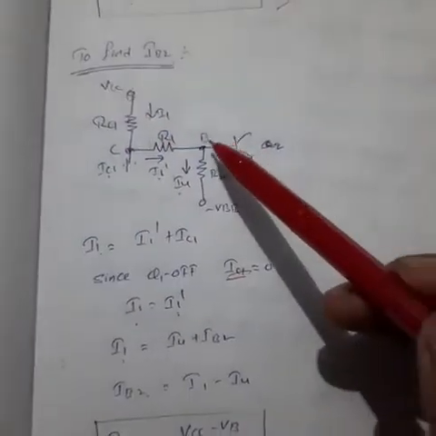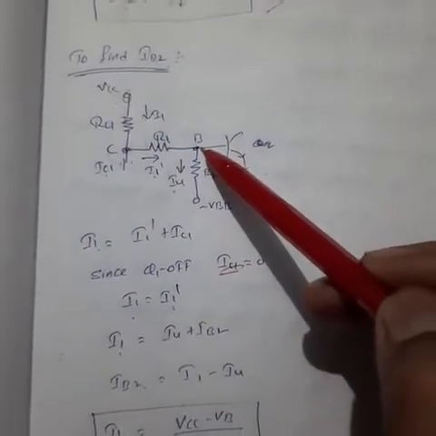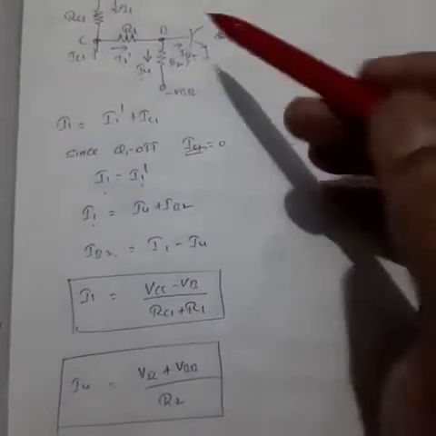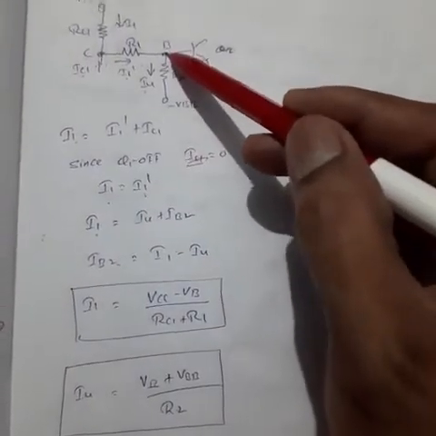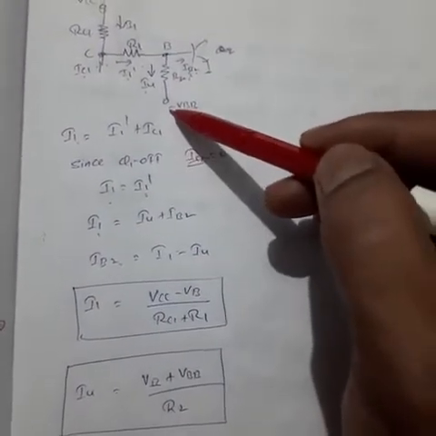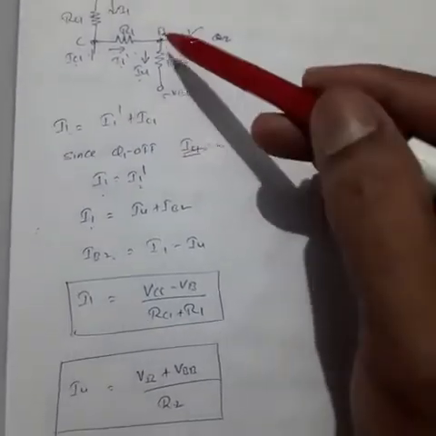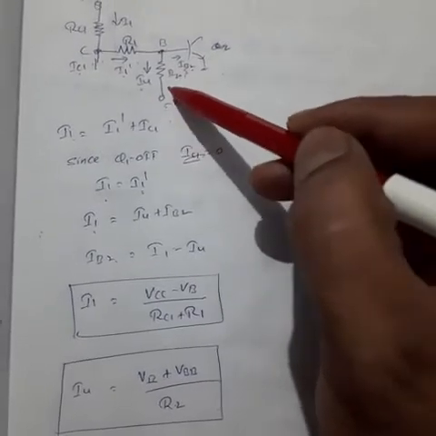Similarly, calculate I4. I4 starts from point B, VB minus of minus VBB, that means VB plus VBB, by R2.